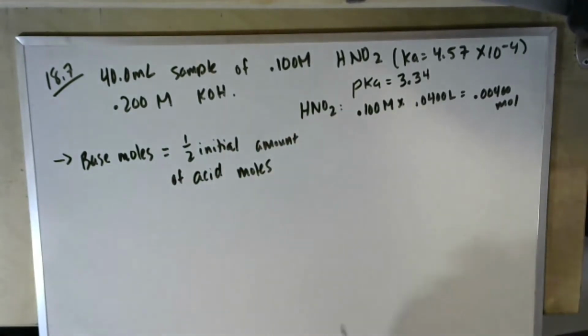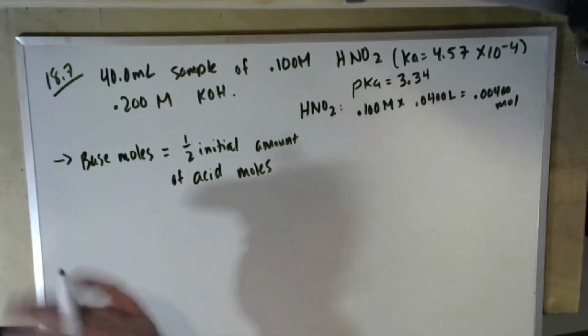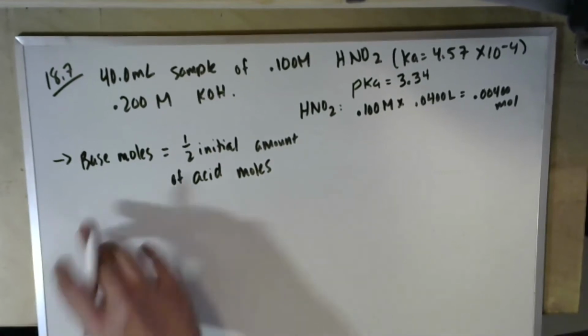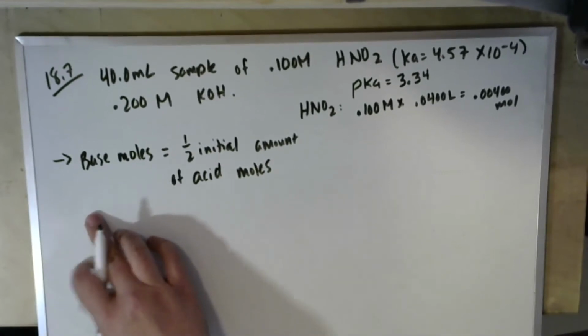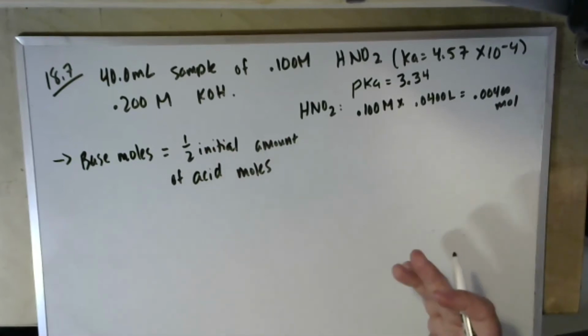Okay, that's half equivalence. If the equivalence point of a titration means that your moles of your base is equal to the moles of your acid and vice versa, then the half equivalence point is when the moles of the thing that you're adding is equal to half the initial amount of what you started with.